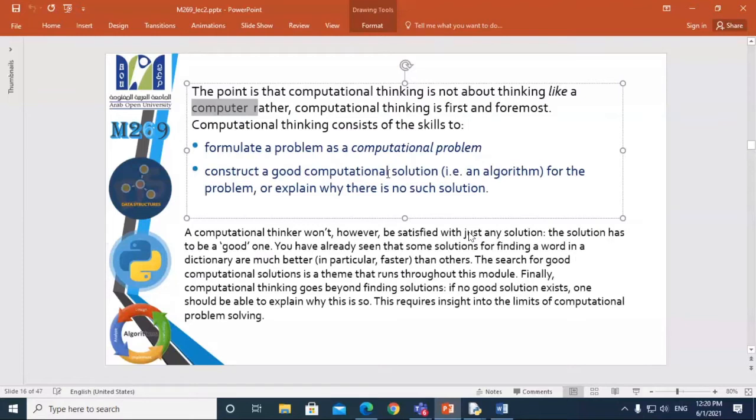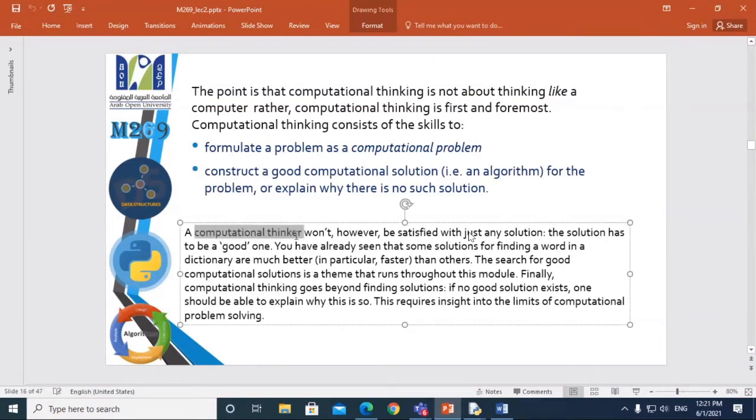Like a robot, for example. Okay, so we must always have skills, all of us, that you can formulate a problem, solve it, that is one thing, and construct a good computational solution. The second thing is that you think about a better solution. So solving something and solving it well are different things.